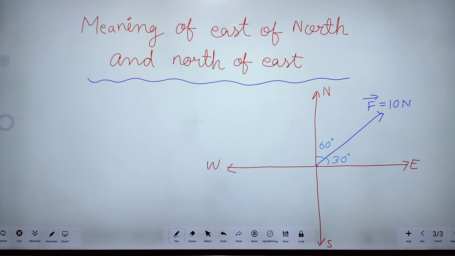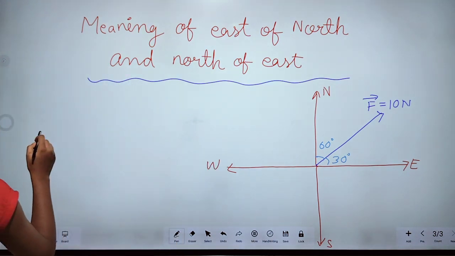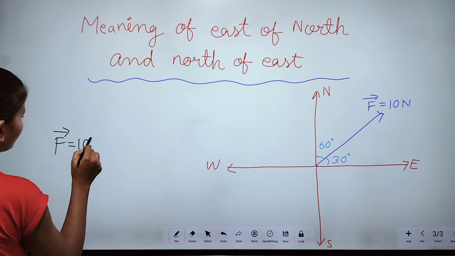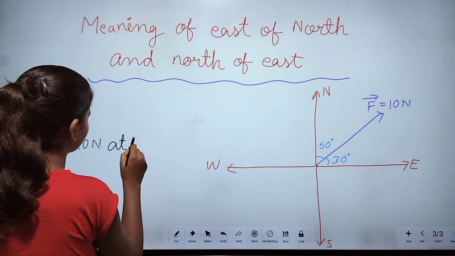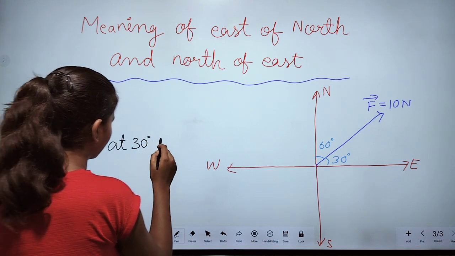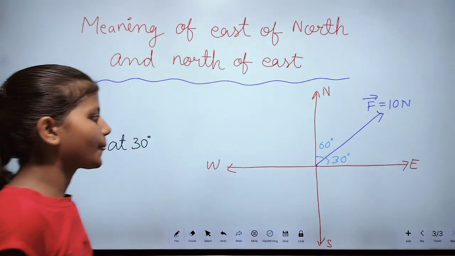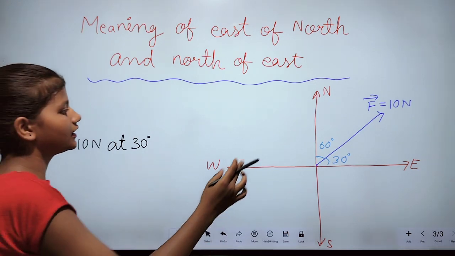So the one with which the angle is formed is written last. So F vector is equal to 10 Newton at 30 degree north of east. Here the point is that the one with which the angle is formed is written last.